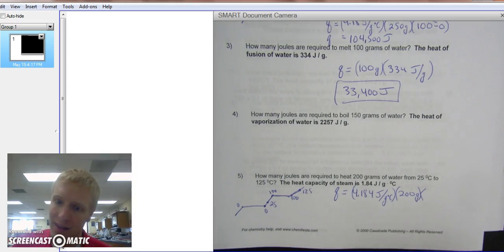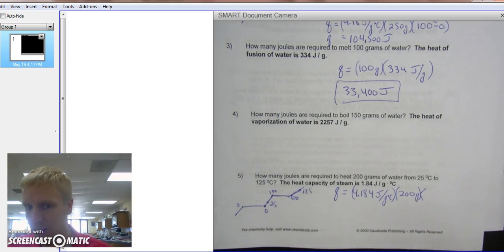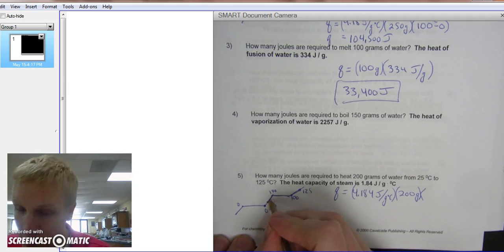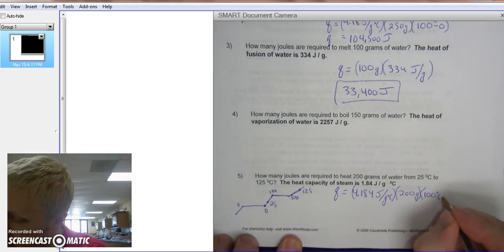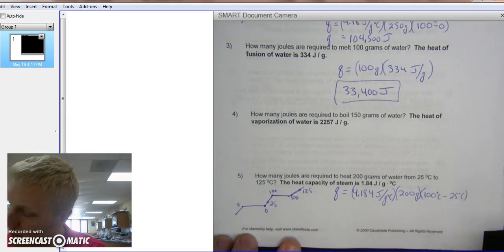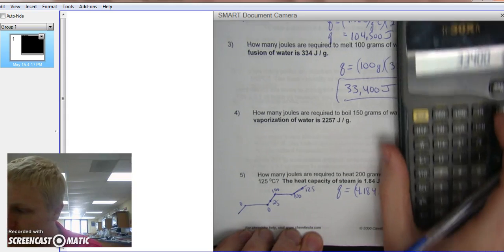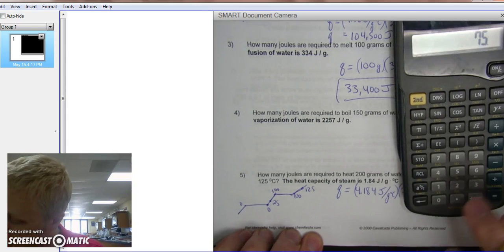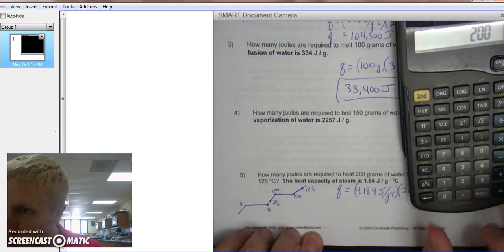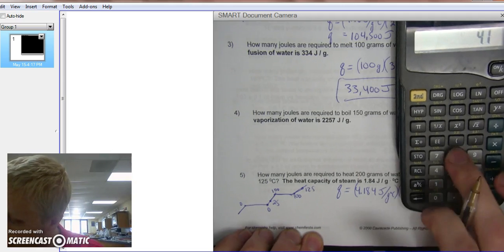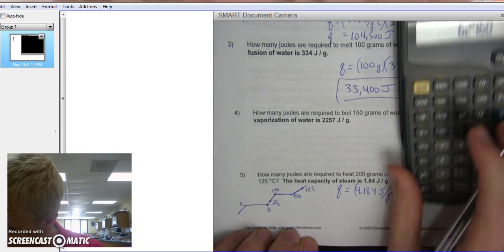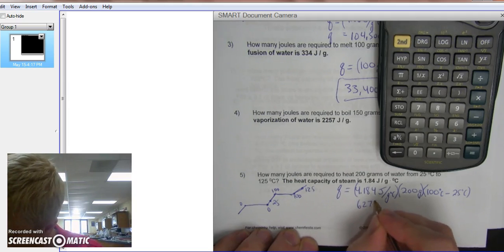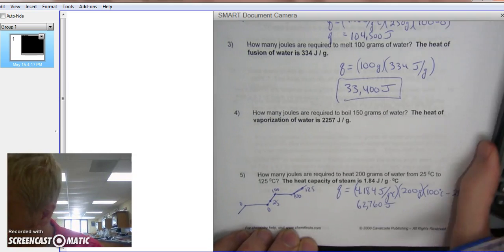They say it's going to be final is 125, initial is 25, but it's not the case because we're just looking at this one line. It ends at 100. So our final is 100 degrees Celsius and our initial is 25. That gives us 75 times 200 times 4.184, which gives us 62,760 joules. And that's just one equation.